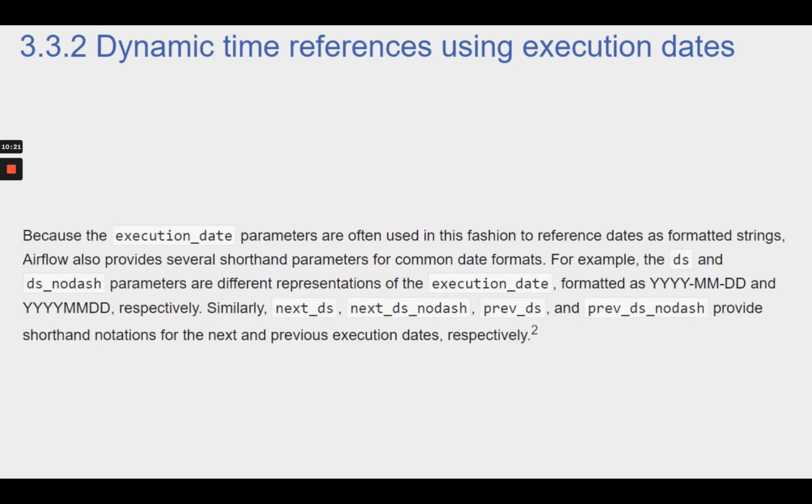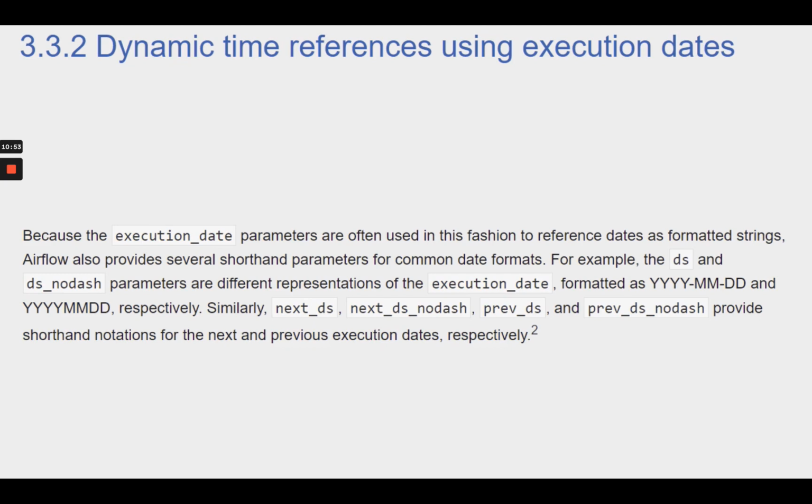Because the execution_date parameters are often used in this fashion to reference dates as formatted strings, Airflow also provides several shorthand parameters for common date formats. For example, the ds and ds_nodash parameters are different representations of the execution_date, formatted as YYYY-MM-DD and YYYYMMDD respectively.